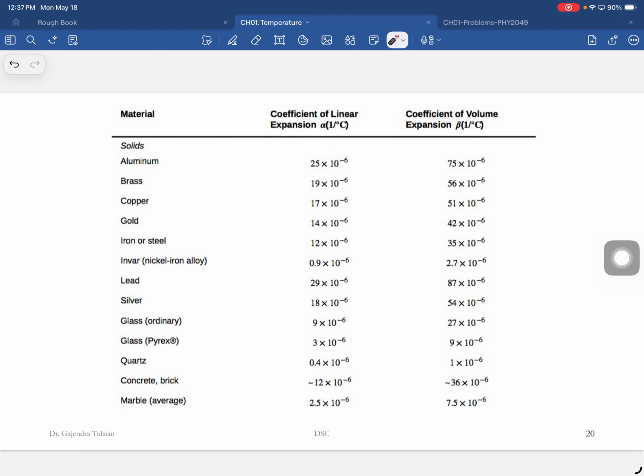Well, cracking does happen in the winter. You see that sidewalks crack and stuff like that, but that's a materials property. So anyway, you have to have expansion gaps.